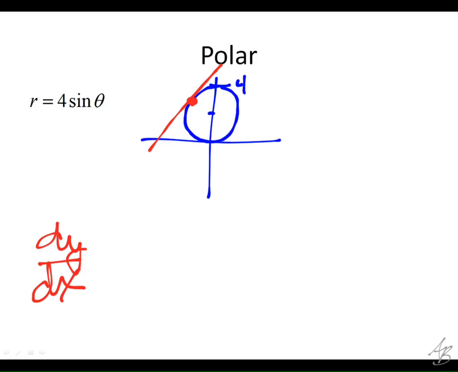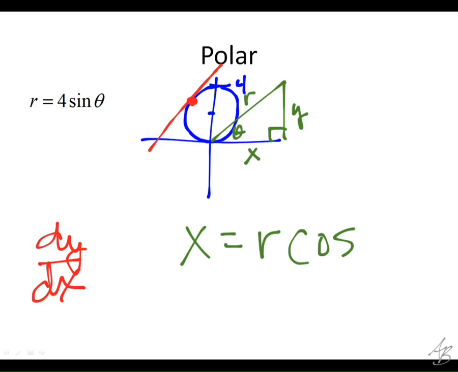We're also going to use those relationships that we talked about. If you remember this triangle right here, where we have a y value, an x value, and theta and r, we had x equals, you guys remember the relationship here? x equals r times cosine of theta, and y equals r sine of theta.